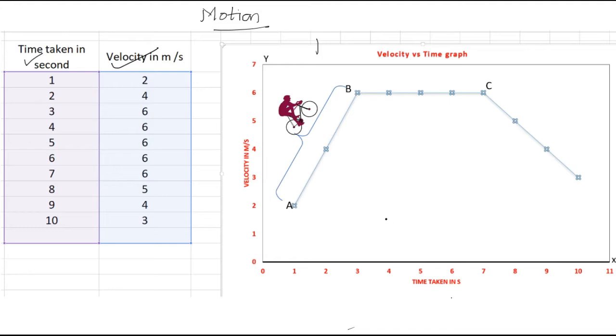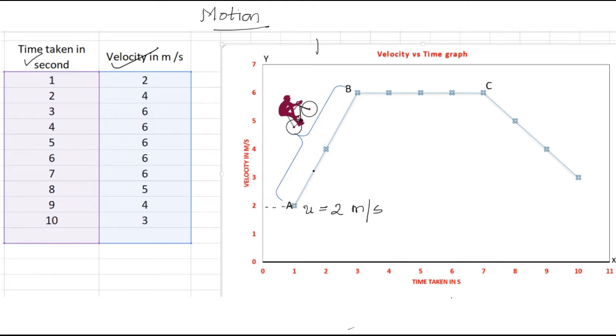We have even understood that the velocity at the beginning is the initial velocity, represented by a small u, and that is 2 meter per second.